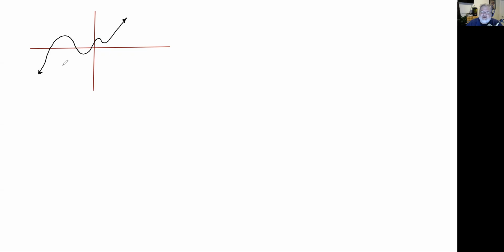When they turn, they turn smoothly. They don't have sharp, jagged corners in them. They are nice, well-behaved functions. When you do go on to play around with some calculus, polynomials are your favorite. Polynomials are everybody's friend because they don't do anything weird. They don't have discontinuities. You don't have to use any special tools. They are just the nicest functions to work with, which is why we tend to use them to model different things.